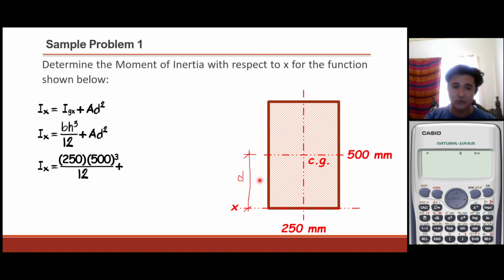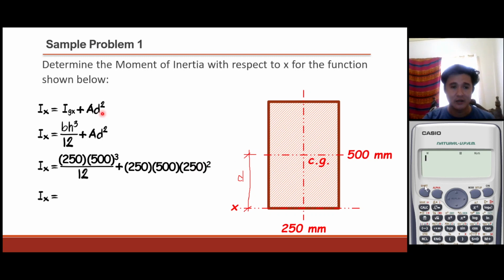AD squared. So A, our area, is 250 by 500. Then our D squared is 500 divided by 2. That would be our value of D. So we have 250 squared. Okay? So again, this is the centroid of our cross-section, which is why it is 500 divided by 2. So 250 squared. And using our calculators, we will get the value for Ix.